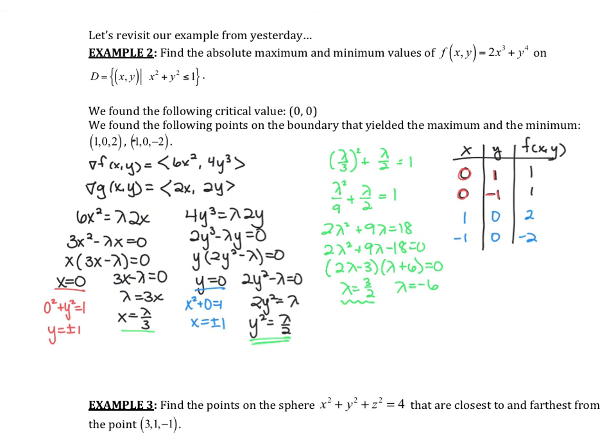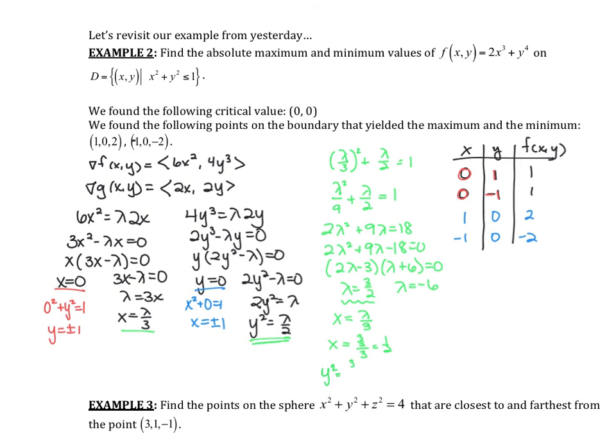So if lambda equals 3 over 2 and x equals lambda over 3, then x equals 3 halves divided by 3, which means we get 1 half. And now I'm going to take that lambda equals 3 halves and plug it into the y equation that we got, which was y squared equals lambda over 2.